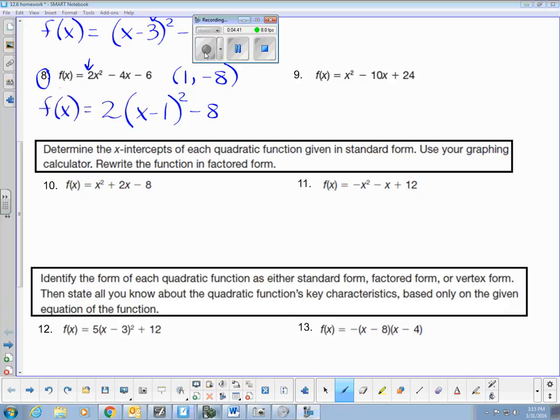All right, so number 10, we need to, again, graph this in our graphing calculator so that we can find the x-intercepts. Once we know the x-intercepts, we can write that in factored form.